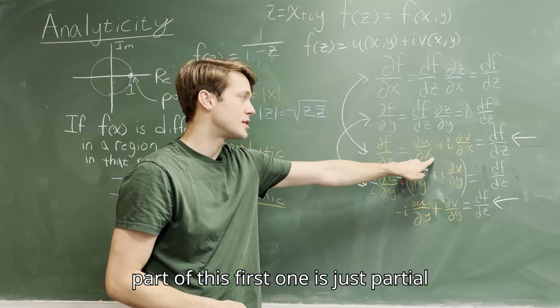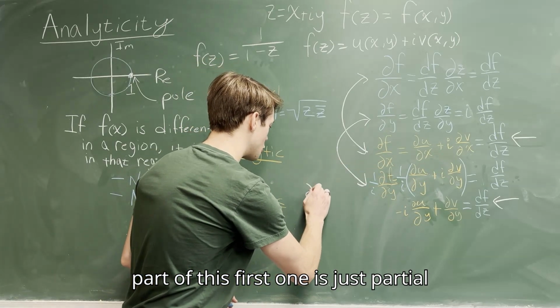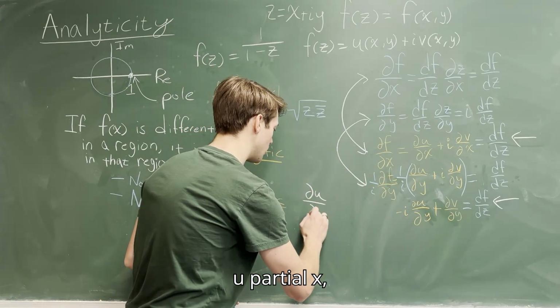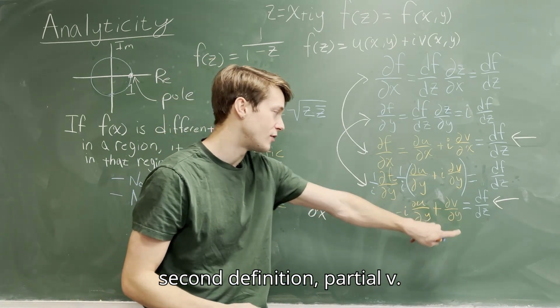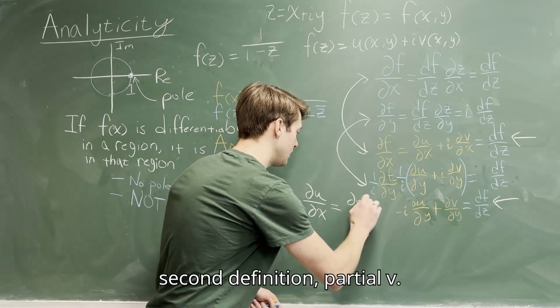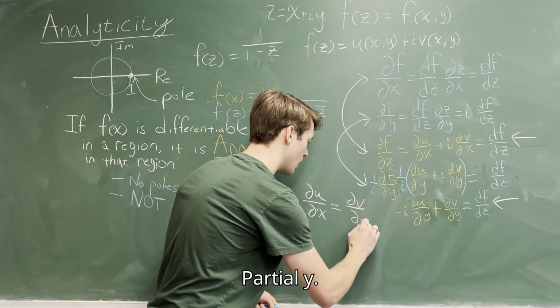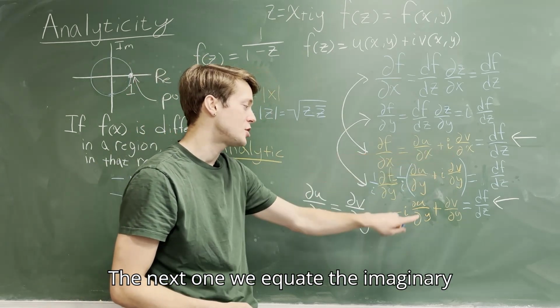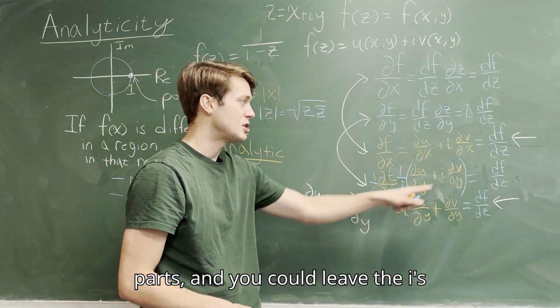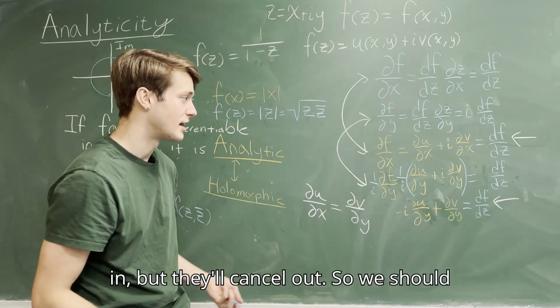So the real part of this first one is just partial u partial x, and that's equal to the real part of our second definition, partial v partial y. The next one, we equate the imaginary parts, and you could leave the i's in, but they'll cancel out.